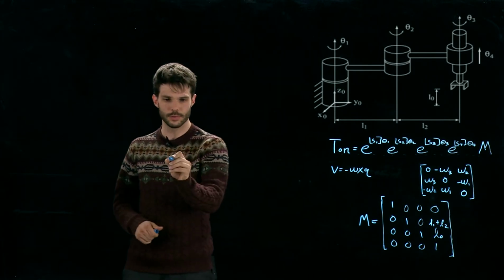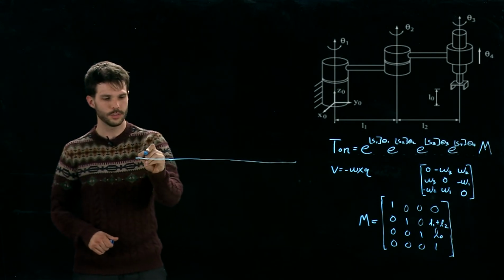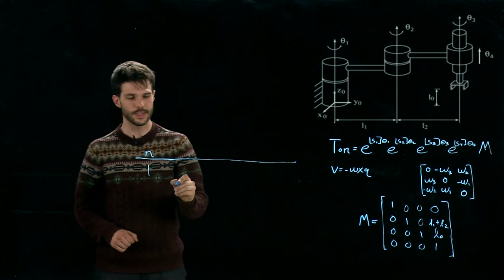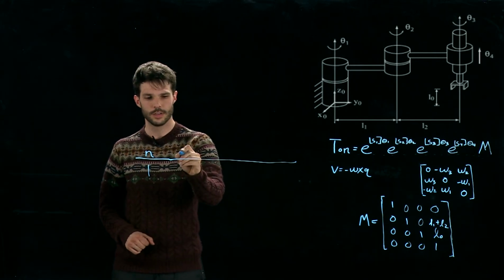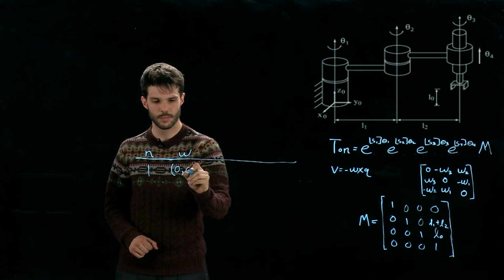So let's get a table started to write down our values. So the first joint is a revolute joint, and its axis of rotation is in the z direction. So what that means for us is that omega is a unit vector pointing in the direction of z.